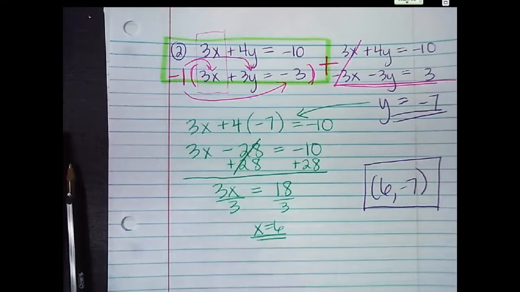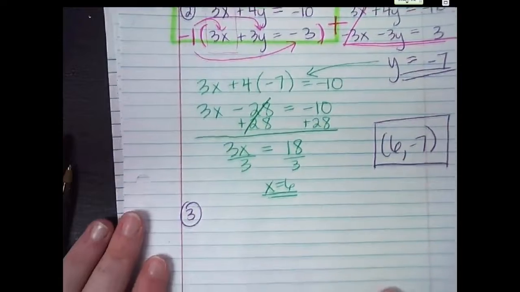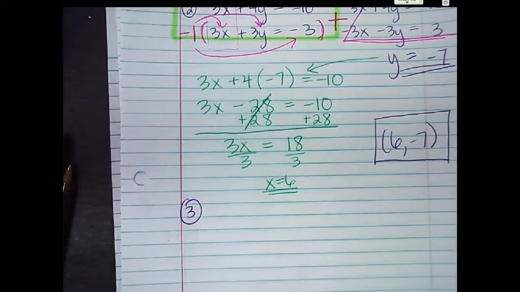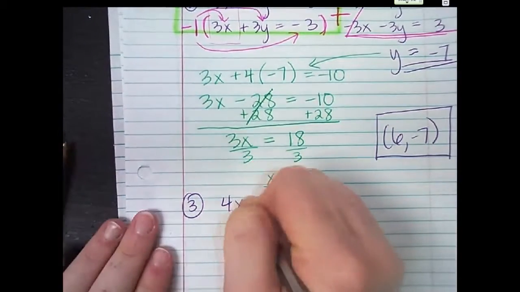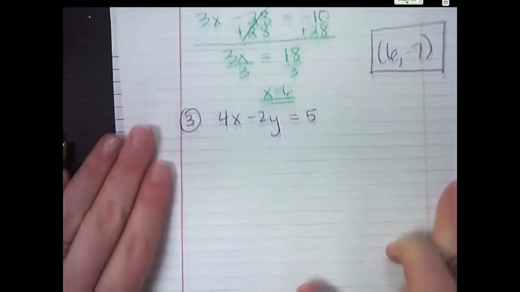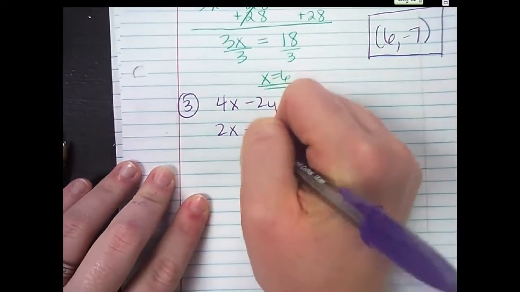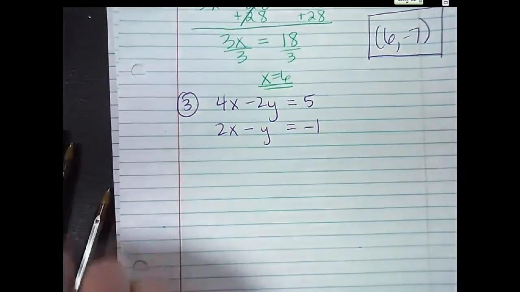Okay, number 3. 4x minus 2y equals 5. 2x minus y equals negative 1.